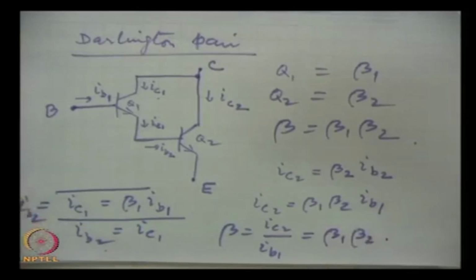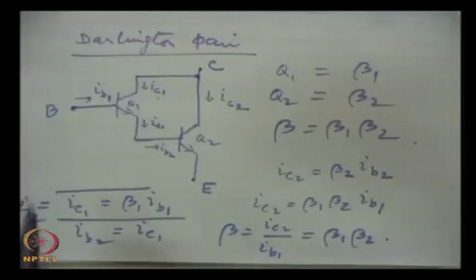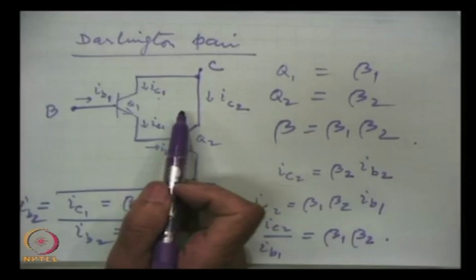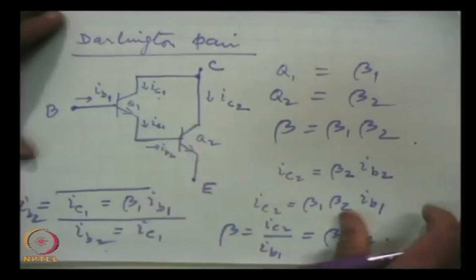This is a very useful connection, because from a single transistor the current gain is many times not very high: it is 100, 200, maximum 300-400. But here it is the product. If we couple this way and form a Darlington pair out of two transistors, the gain will be very high.